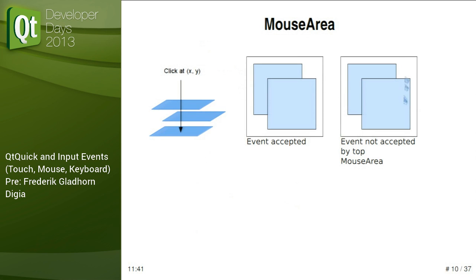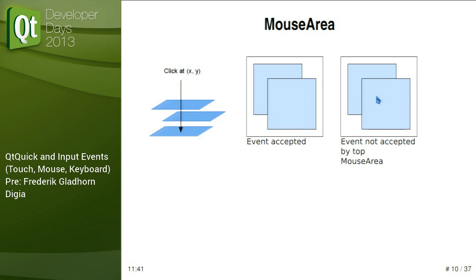So then the other mouse area here is just the regular mouse area, which accepts the event, and it will turn blue. And the interesting thing is now what happens on the intersection. Well, my top mouse area is transparent for the mouse, and so the next mouse area will get the mouse event offered. So this is how you can control the mouse event propagation.